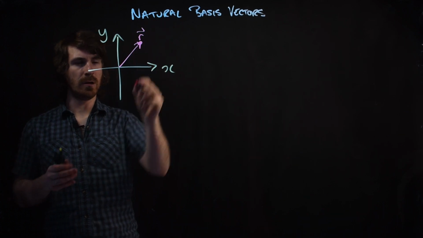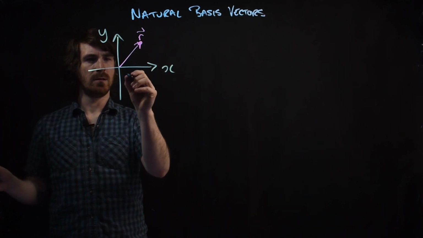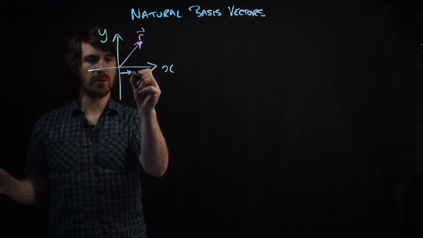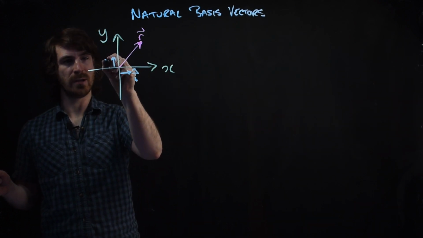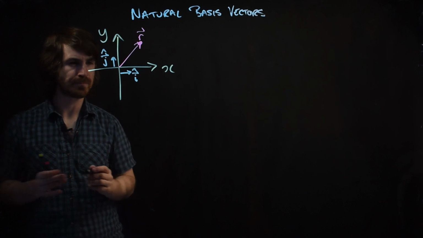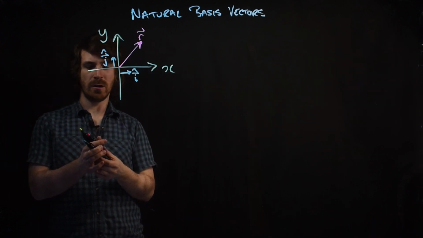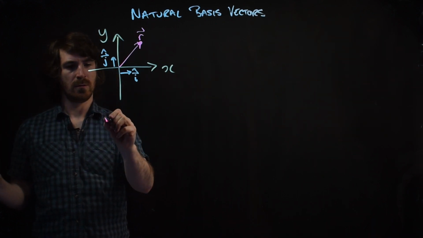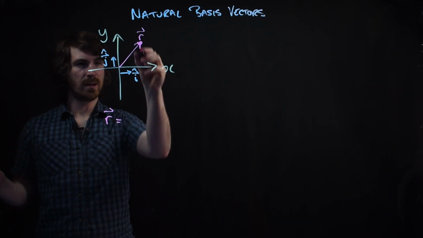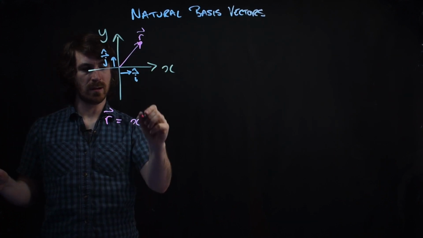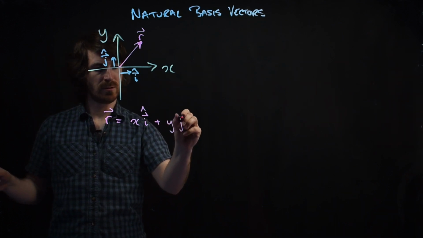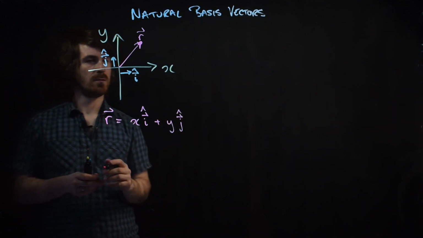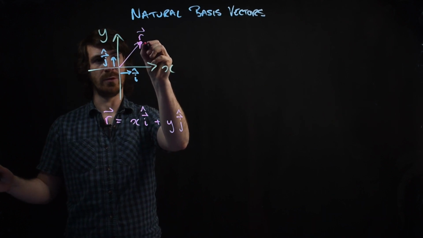We'll have a unit vector i hat in the x direction and a unit vector j hat in the y direction. Then this vector r is at x i hat plus y j hat. So the coordinate of this point is x, y.